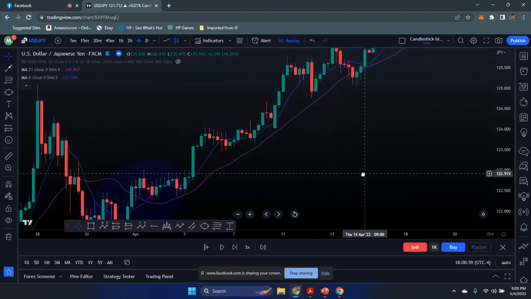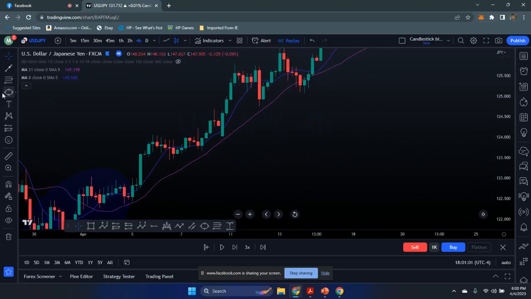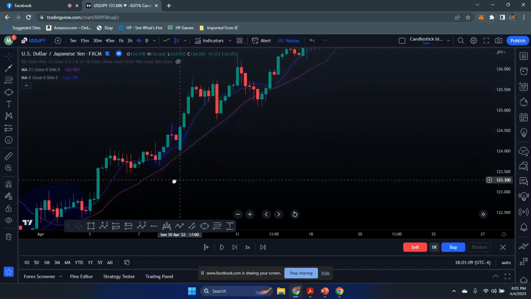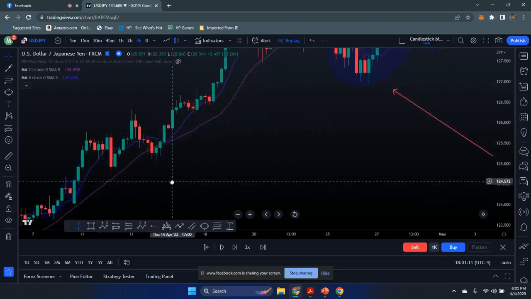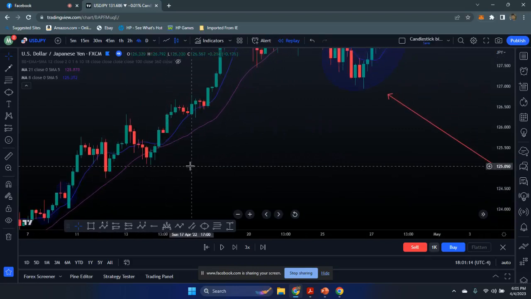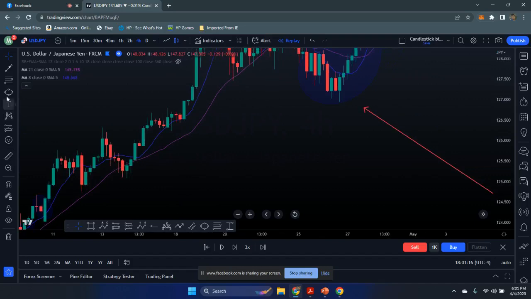Okay, let's see. We have another bullish engulfing. It kind of got out, but there you go. On the 4-hour, you have a little bit more of the entries you can see. Here's another one, bullish engulfing.